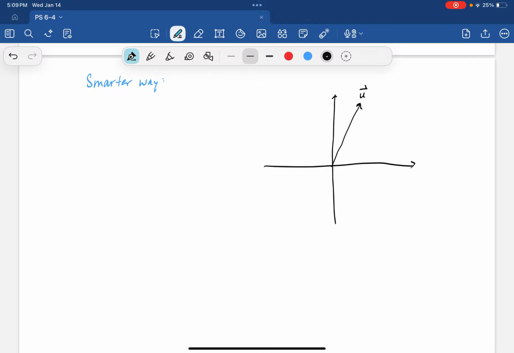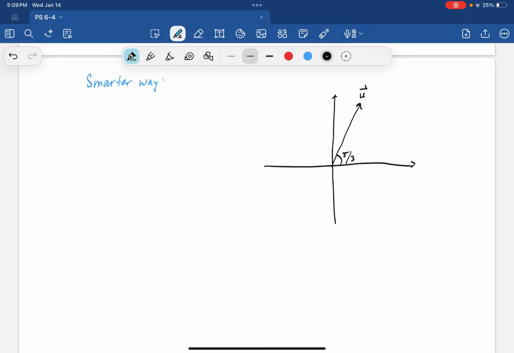This must be u because it's simply the unit vector that points in the direction of pi over 3, right? If this were a unit circle, then this point would have coordinates cosine pi over 3 comma sine pi over 3 based on the components that were given. So this angle must be pi over 3.